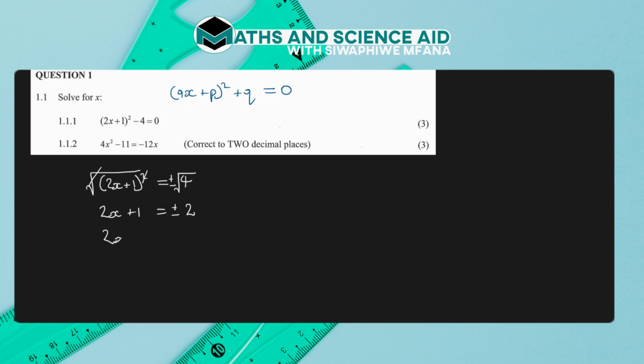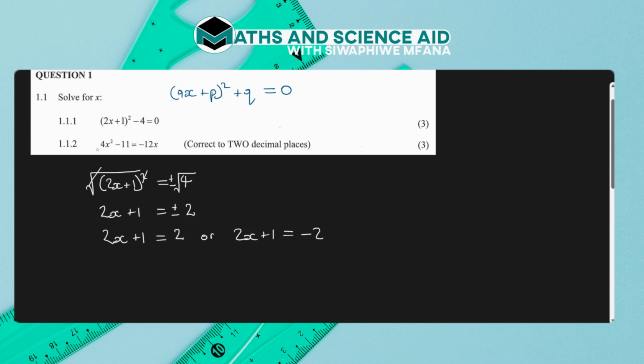And there you have it. Now you can just simply say that 2x plus 1 is equal to positive 2, or 2x plus 1 is equal to negative 2, and then solve for x, which is very simple from here on. So I'll just leave it here for you guys to finish it.